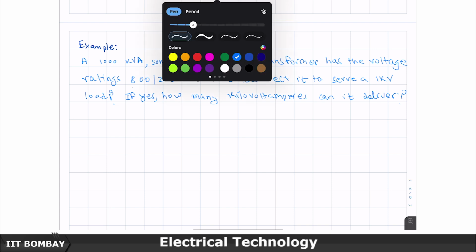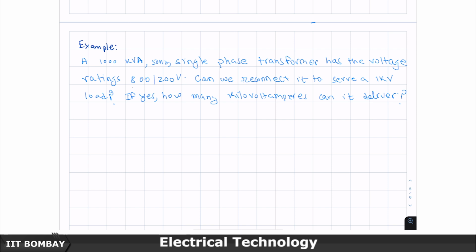A 1000 kVA single phase transformer has a voltage rating of 800 volts and 200 volts. I just chose nice numbers, nothing special about these numbers, just to ease the calculation. So V1 is 800, this is 200.